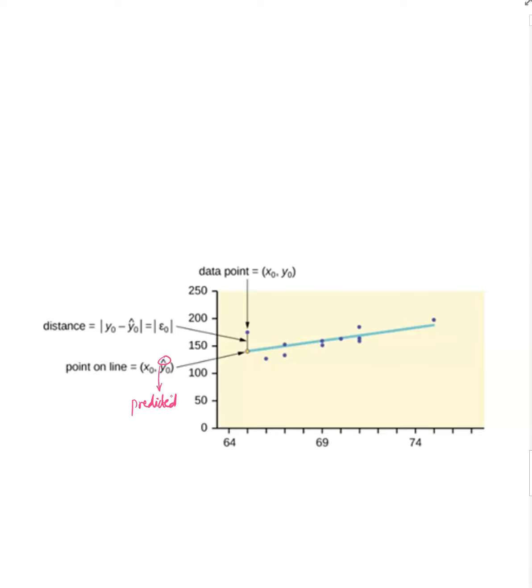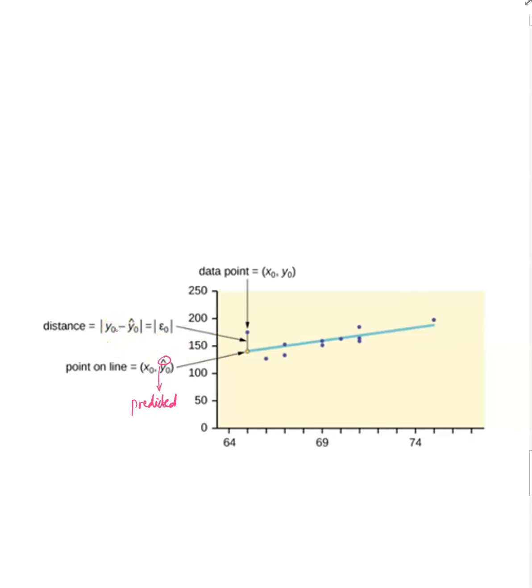It's not the actual value, it's the predicted value. So sample proportion is not the actual population proportion value, it is close to it, right? All right, so we're talking about the distance between y0 and y0 hat must be minimized. That's what it means.